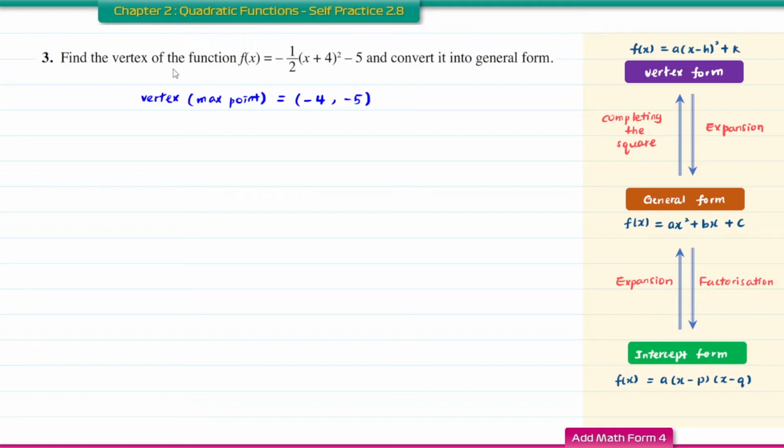Now to change the vertex form to general form, we're going to do the expansions. So the function is negative 1 over 2 (x plus 4) squared minus 5. First let us do the expansion for the bracket part here.